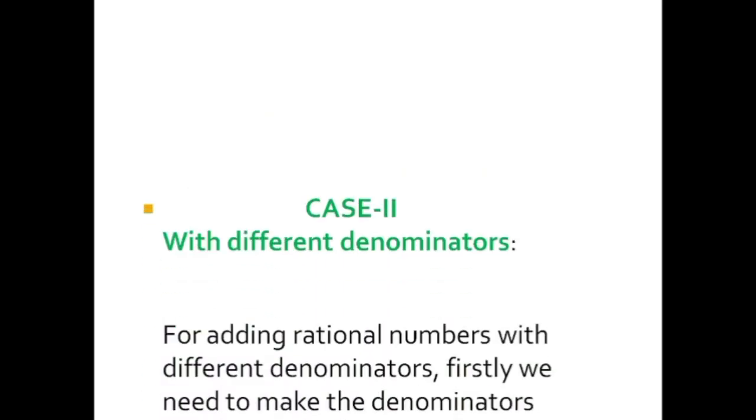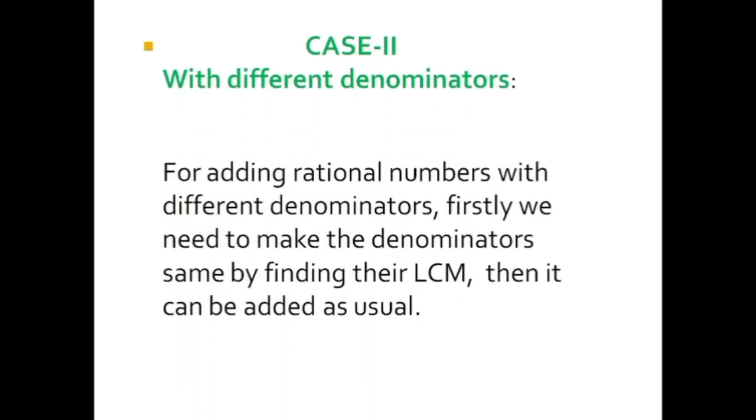Now we'll see the second case with different denominators. That means when the two rational numbers have different denominators, how we can add them. For adding rational numbers with different denominators, firstly we need to make the denominators the same by finding their LCM.